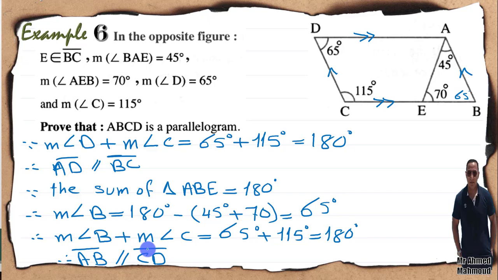So we proved that AD and BC are parallel and AB and CD are parallel. Therefore each two opposite sides are parallel. Therefore ABCD is a parallelogram.